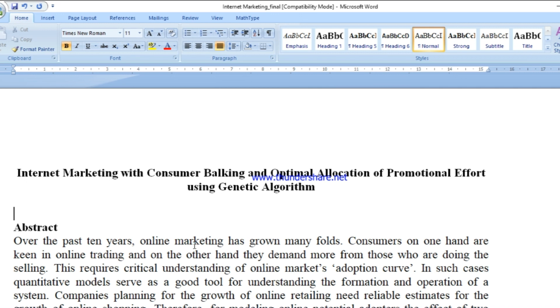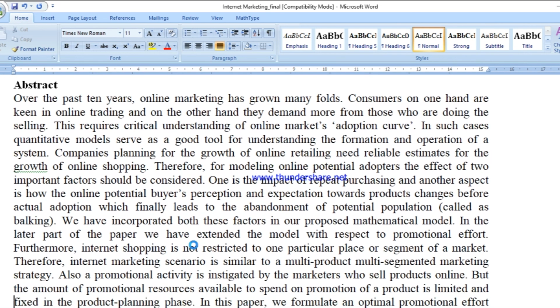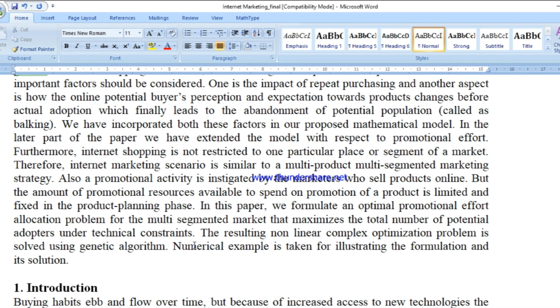And then they are saying that in this paper, we are formulating an optimal promotional effort allocation problem for a multi-segmented market that maximizes the total number of potential adopters under some technical constraints. So the resulting problem is a nonlinear complex programming problem which is solved via genetic algorithm, and then a numerical example is taken which illustrates the formulation and the solution.